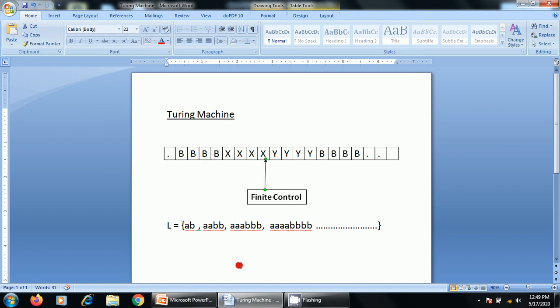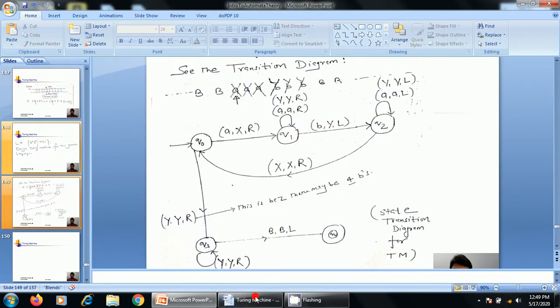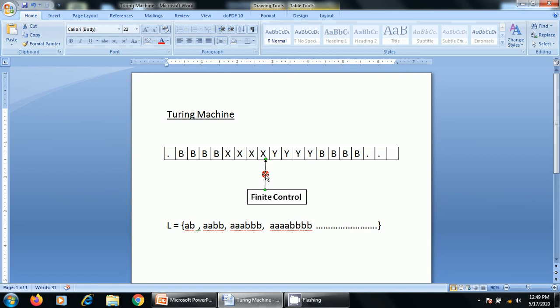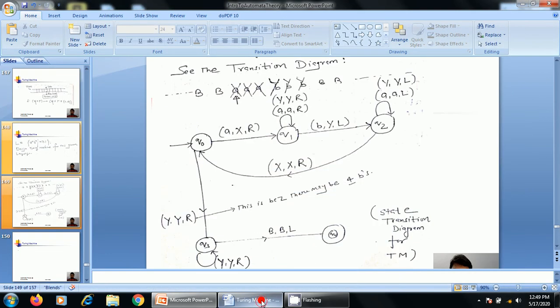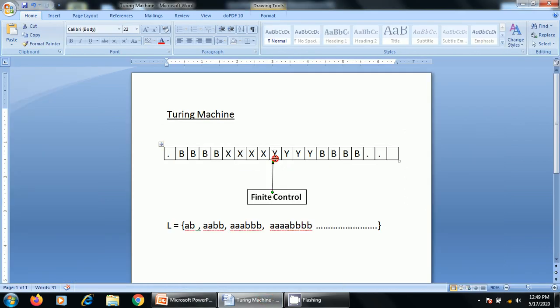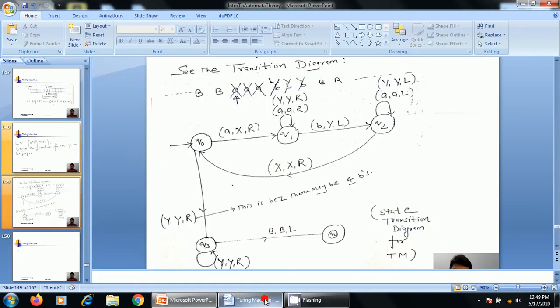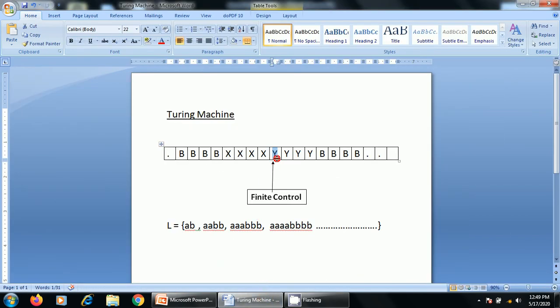Now if there is an X, keep it X and move right. Now see, if there is input A, make it X and move right. But this is not A, so the machine will understand that all A is over.